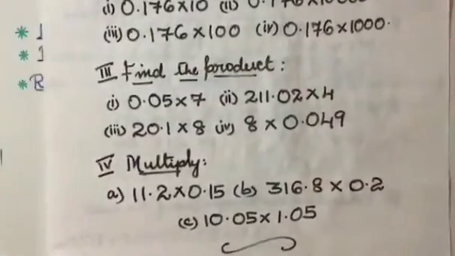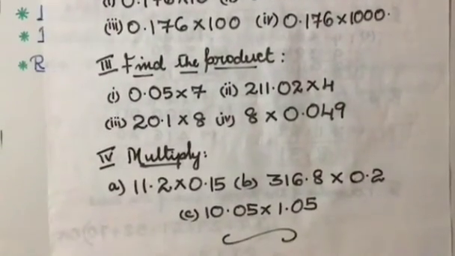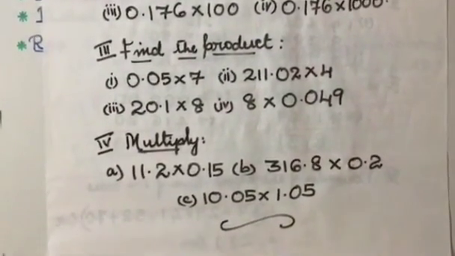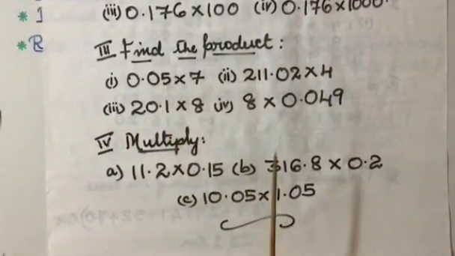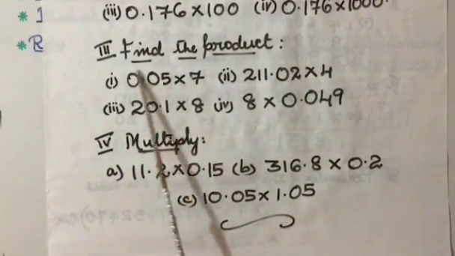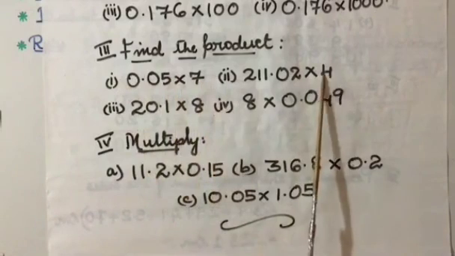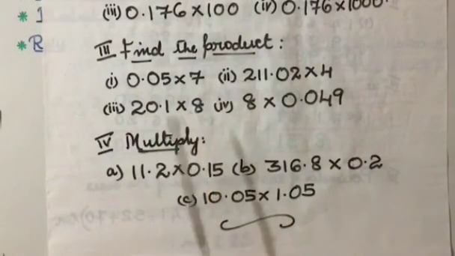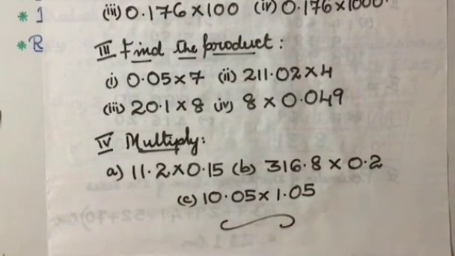Next one. You have to find the product. First I've given you decimal number by whole numbers. All these are whole numbers. Find out the answers. Then I'll change this one here, because you have the same number.